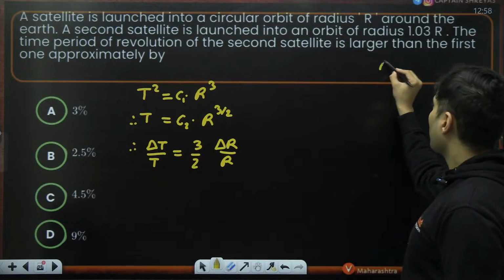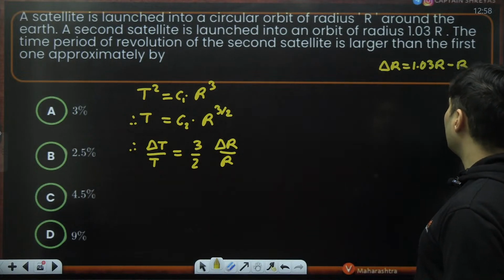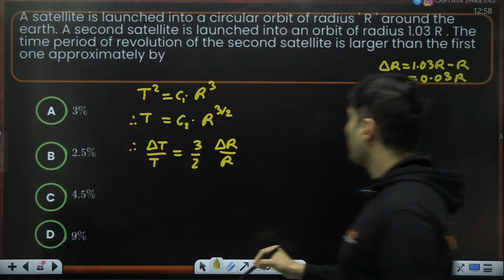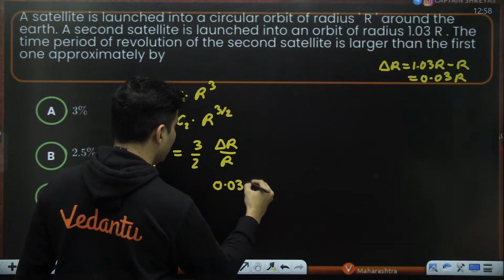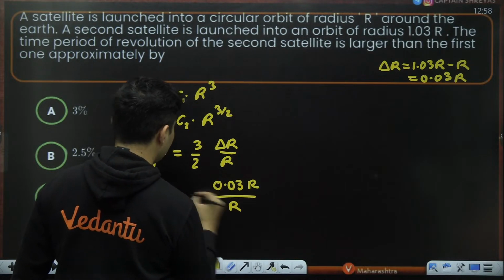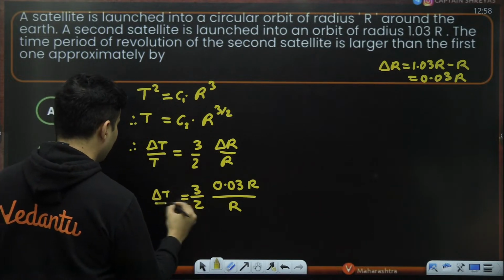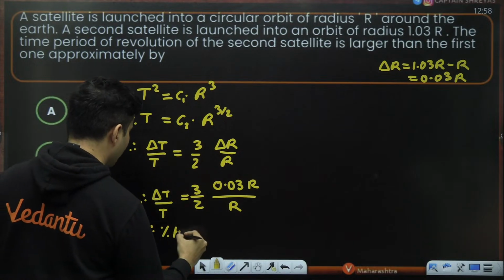Can you see ΔR is 1.03R minus R, that is the change, which is 0.03 times of R. So just put it over here. So that will be nothing but 0.03 times of R. Old radius is R. This is 3/2. So this is your ΔT/T. But we want percentage change in the time period.